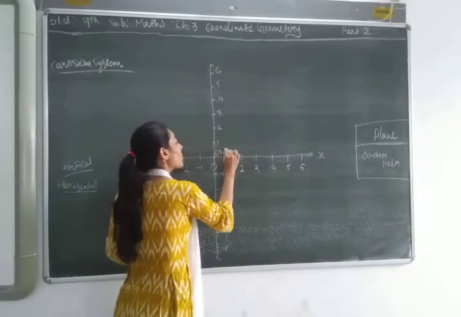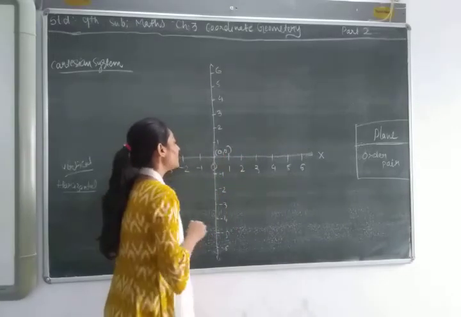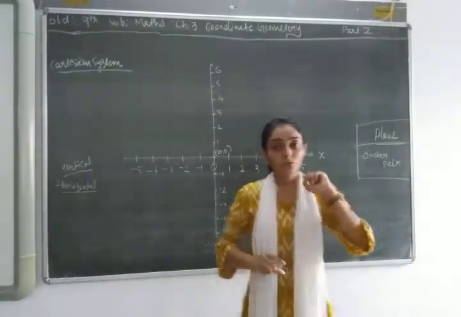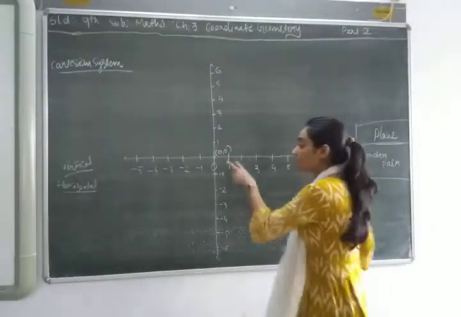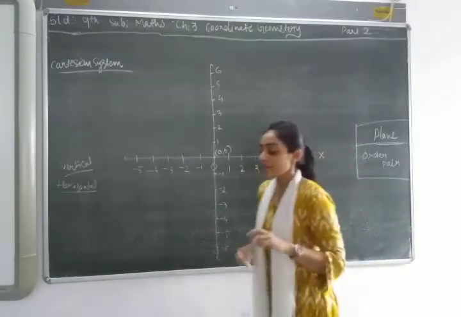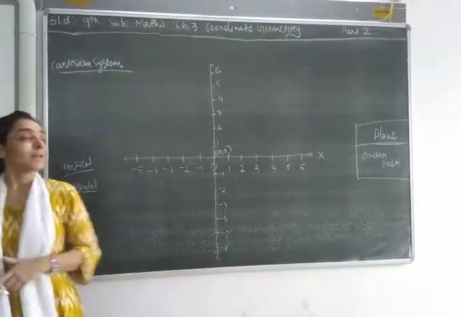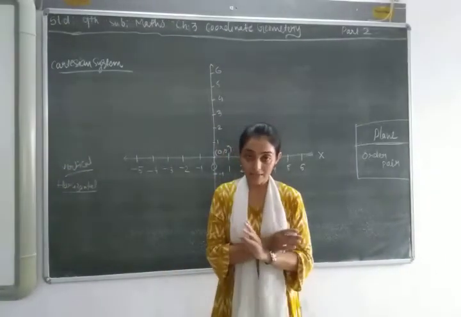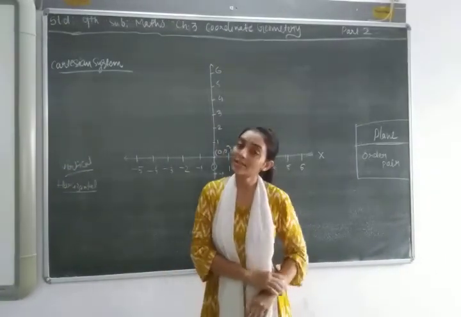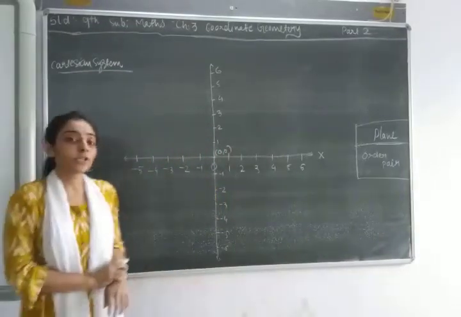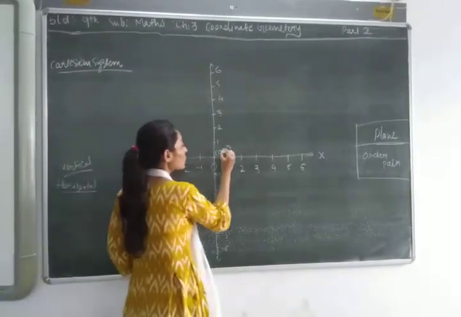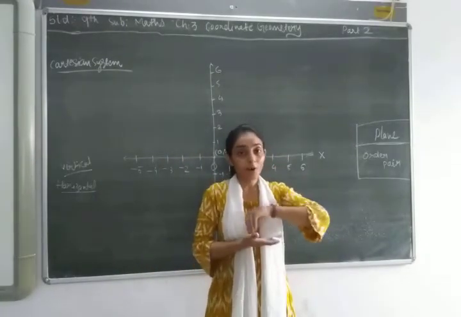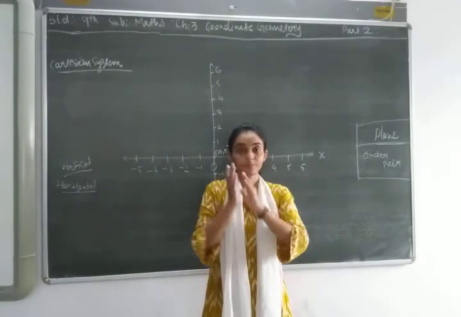What is the y-axis point? 0. To represent the origin, 0, 0 is there, because the origin is where our x-axis and y-axis intersect. That is our origin, and the origin is 0, 0. Origin is the starting point. So what is the starting point? That is the 0.